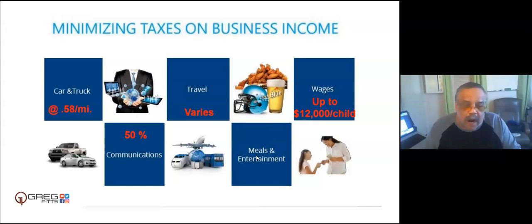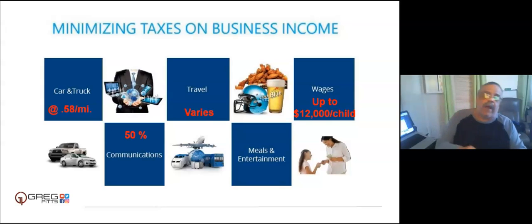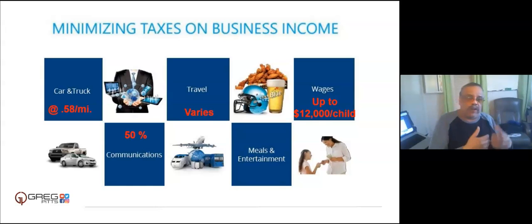Okay, meals are tax deductible. Entertainment, not so much anymore. And nowadays, you can pay each child up to $12,500 per child if you hire that child to work in your business. Okay? If you hire someone to work in your business, that's money that's spent while you're attempting to make a profit in your business.